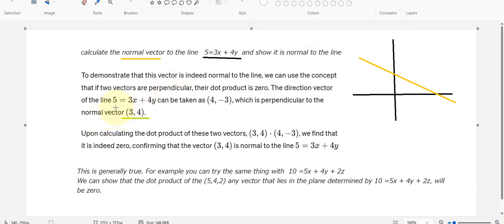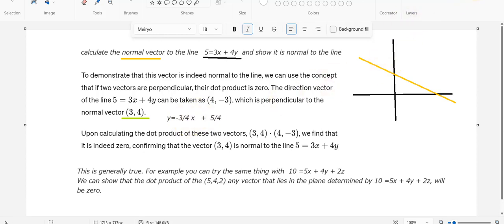So let's see. How can we start with this line? Let's solve this equation for y. I hope I've done that correctly here, and you can stop the video and make sure this is correct. So if this is true, then the slope is minus 3/4.